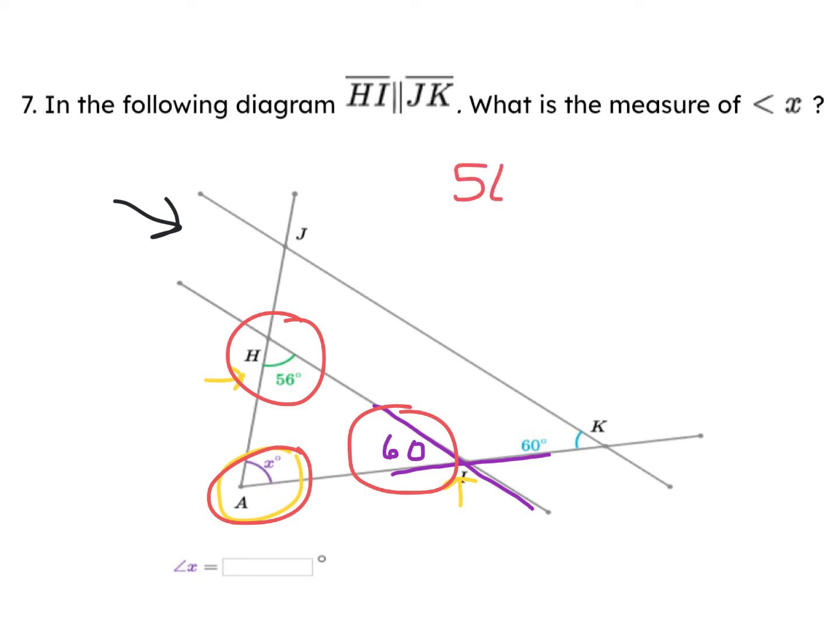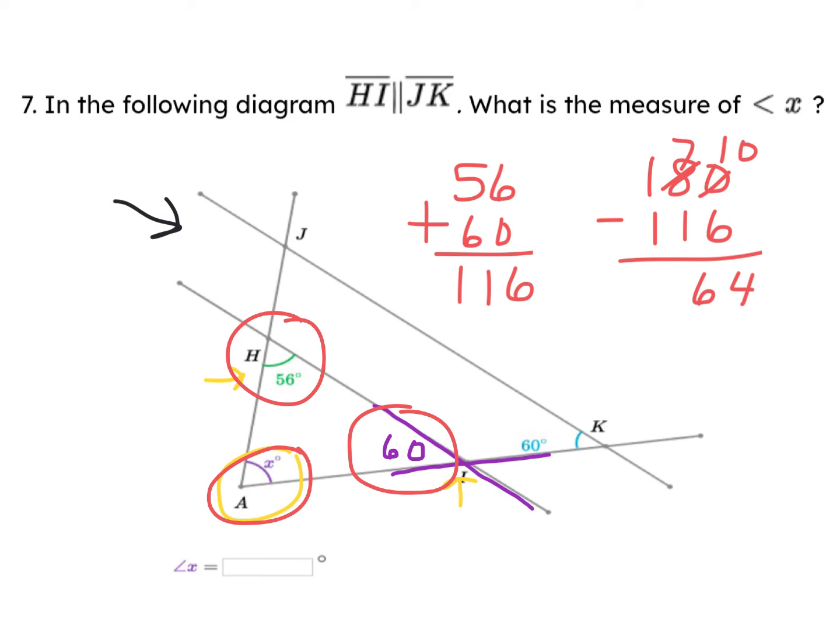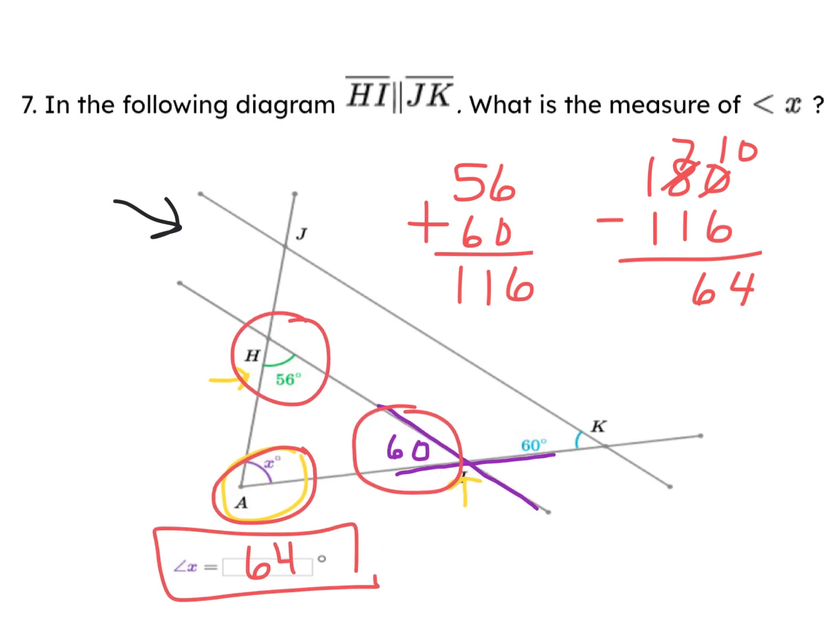So I'm going to add 56 plus 60, which is 116, and then I'm going to subtract that from 180, which leaves me with 64 degrees for angle X. Okay, so that helped kind of eyeing up the picture and translating, and then using our triangle sum theorem.